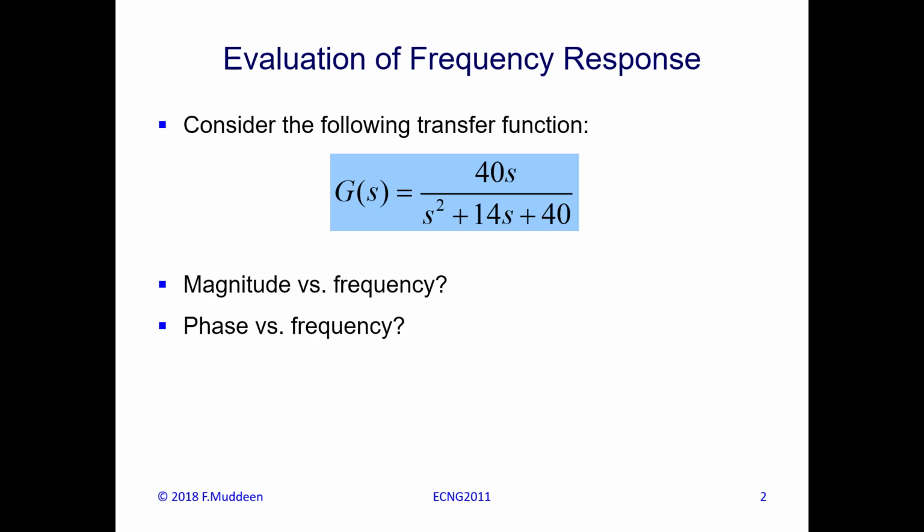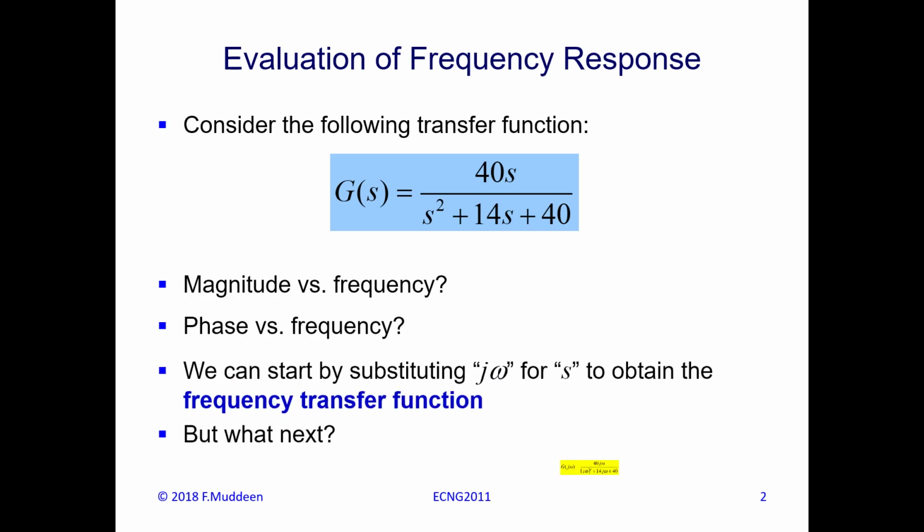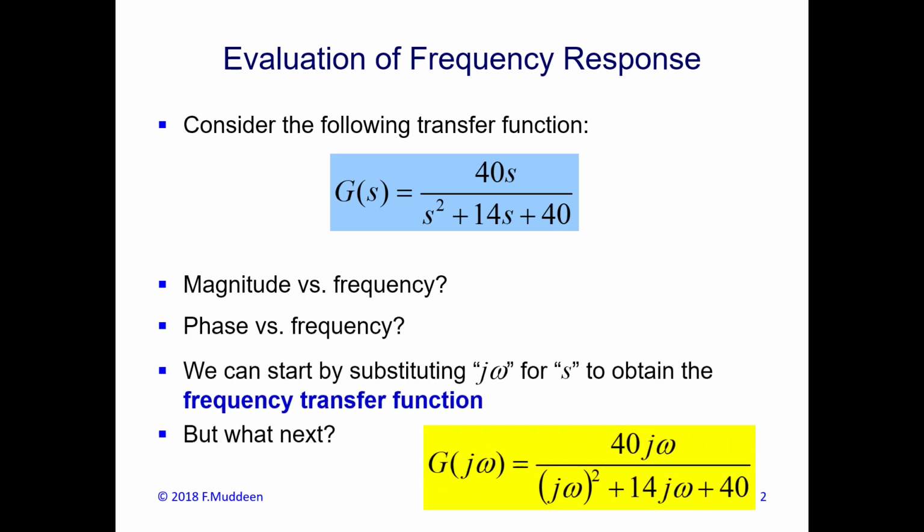We know that the relationship between the S domain and the j omega domain is that we just substitute s equal to j omega, and we can get a represented equation form here in j omega. But the question is, how do we proceed from here?